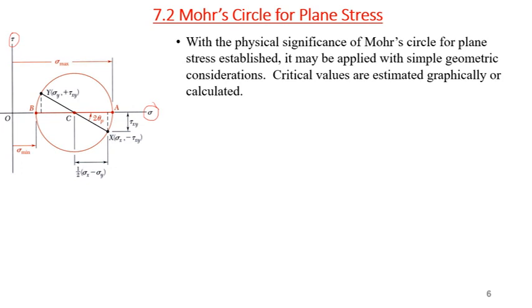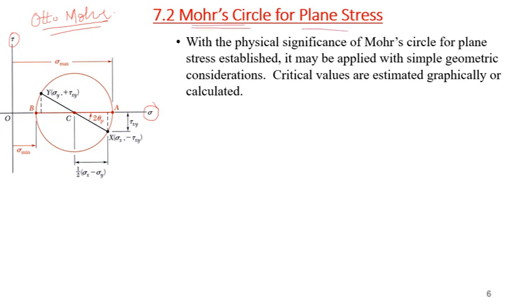This method was first introduced by Otto Mohr, a German civil engineer, when there was no computational power to find the stresses at different orientations. That's why it's called Mohr circle.